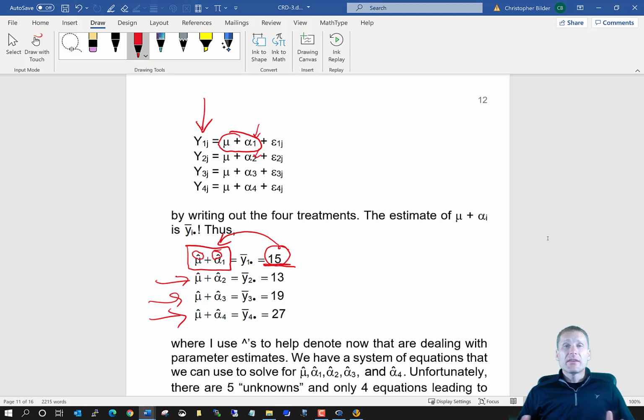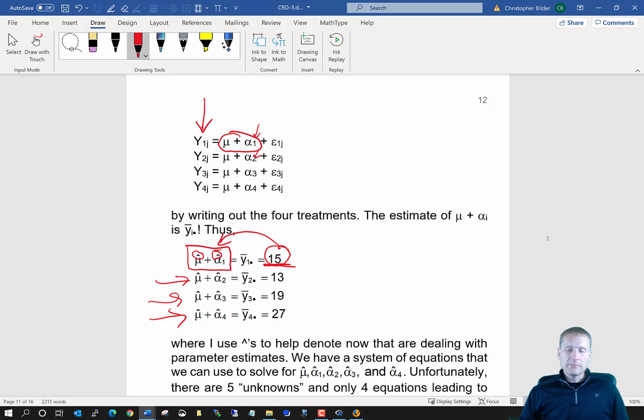So now I have a system of equations where I have some unknowns, mu hat and these alpha hats. And what you learned in an algebra class is that when you have a system of equations with some unknowns, you can try to solve for the unknowns. But we have, unfortunately, one little complicating aspect.